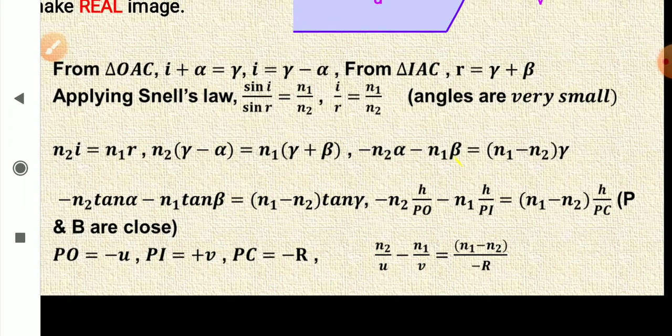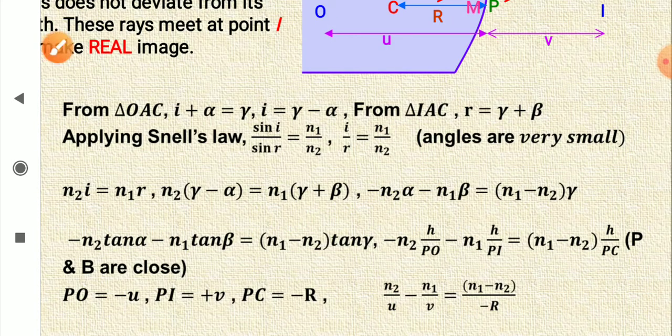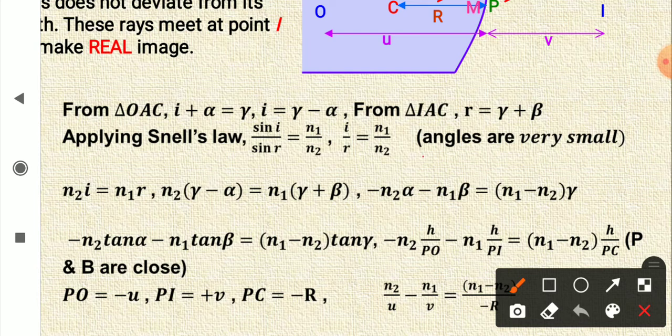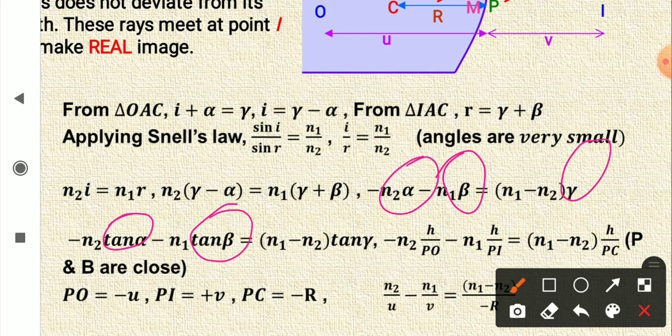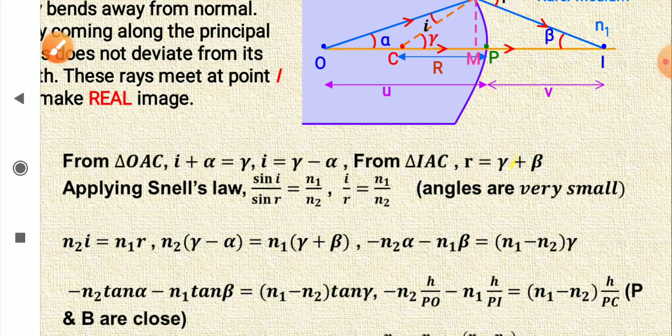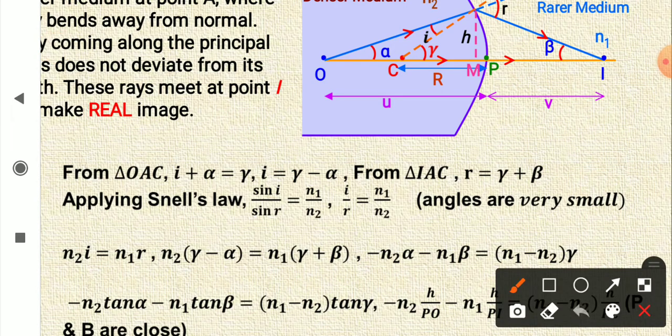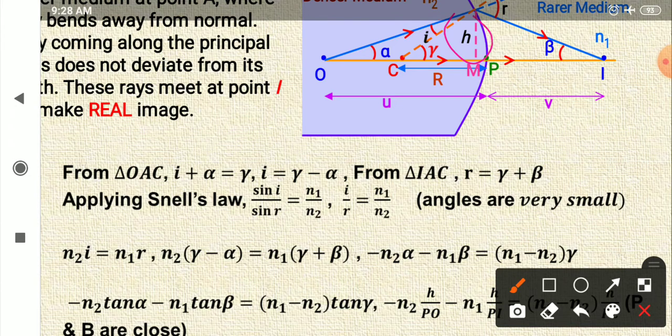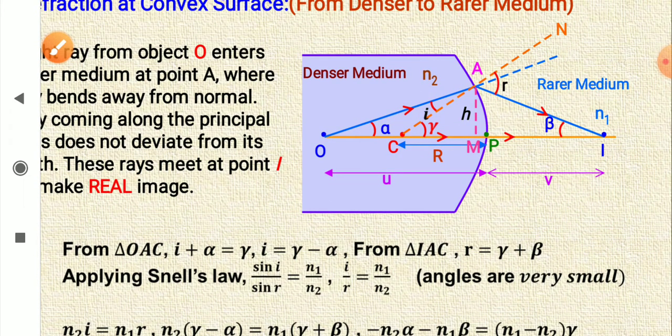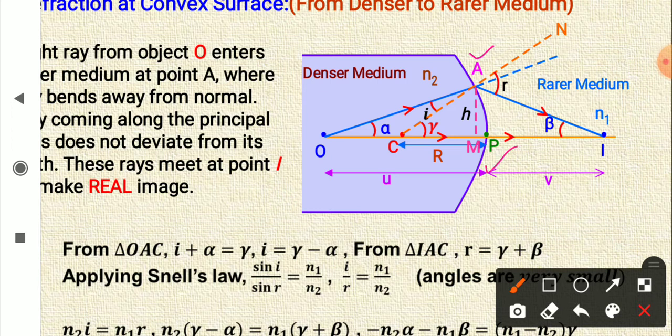And now, since these angles alpha, beta, gamma are very, very small, I can write alpha as tan alpha, beta as tan beta, gamma as tan gamma. And here, taking exactly the same thing, if this perpendicular distance from A to M is h, then you can see that tan alpha will be equal to h upon OM.